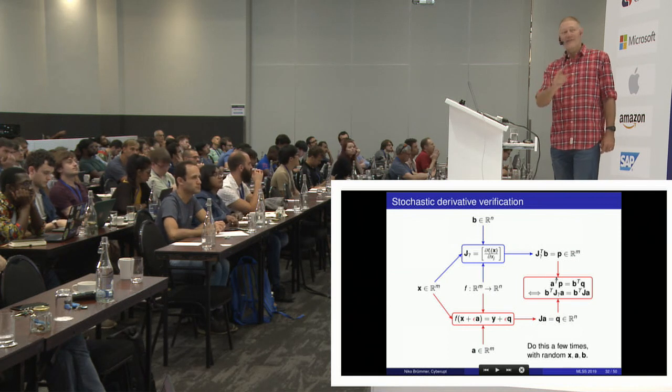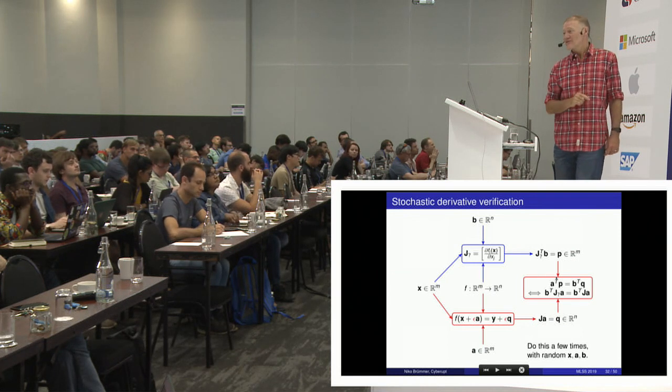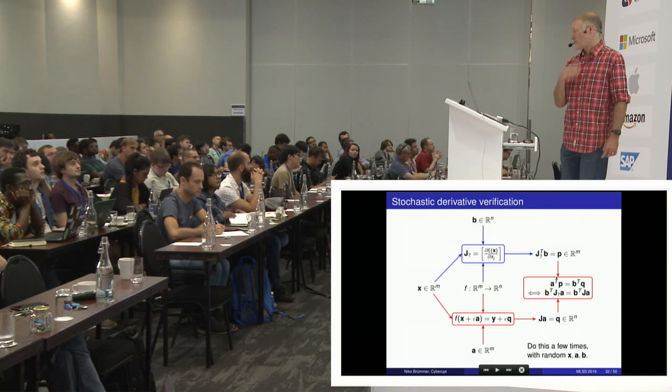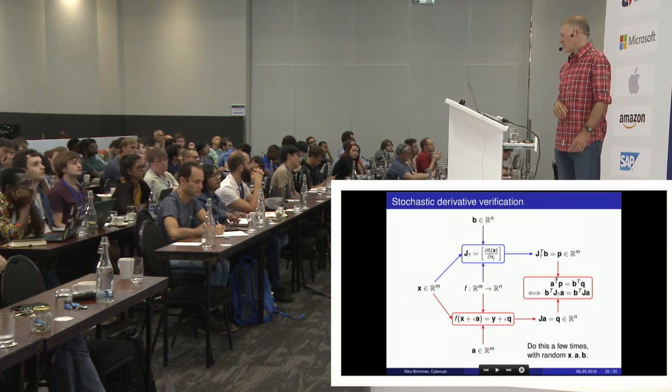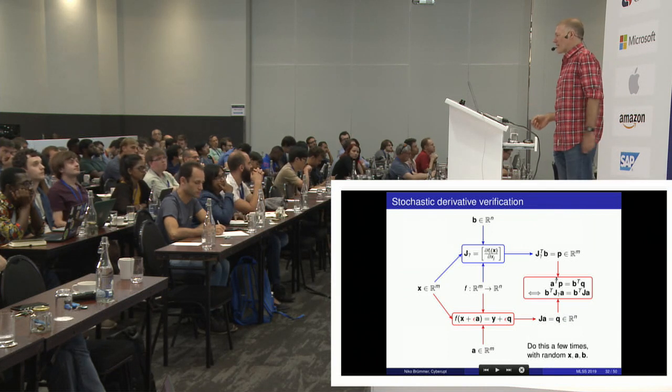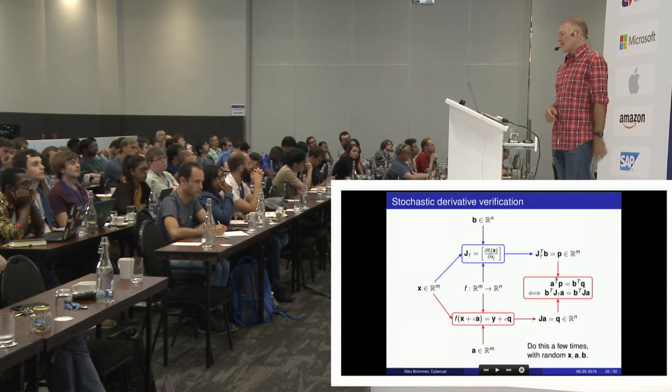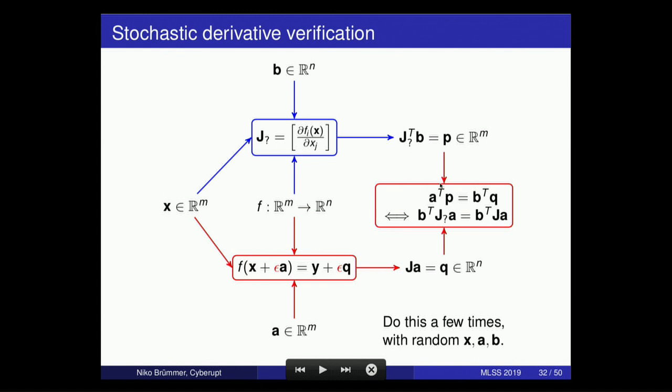You've just shown that those bilinear forms there involving the Jacobian are equal. So if you draw a number of random vectors A and B, and you do this a few times, then you can say, well, okay, I'm starting to trust the implementation, and so it's a stochastic verification of derivative.